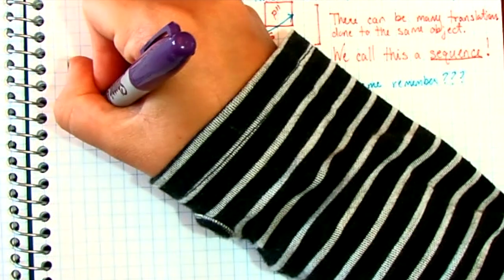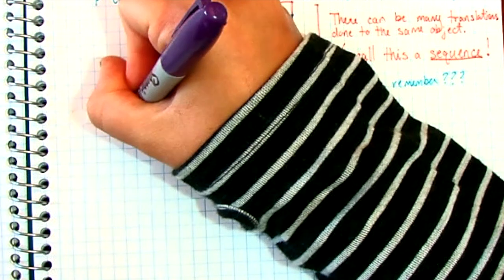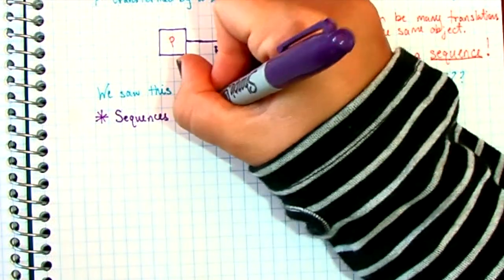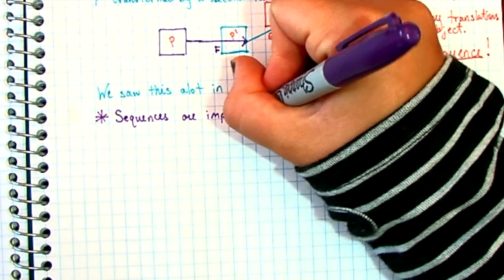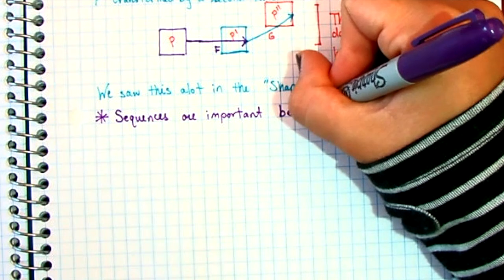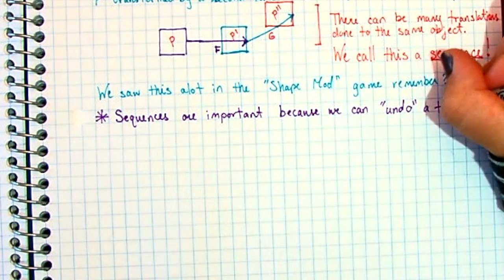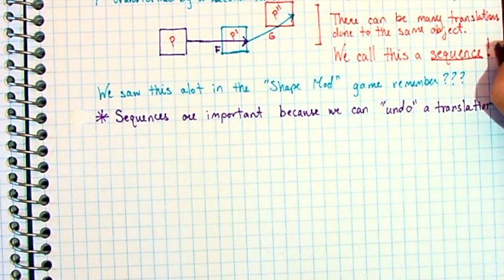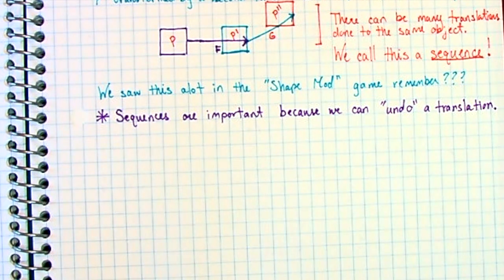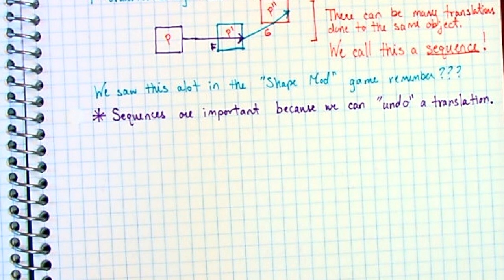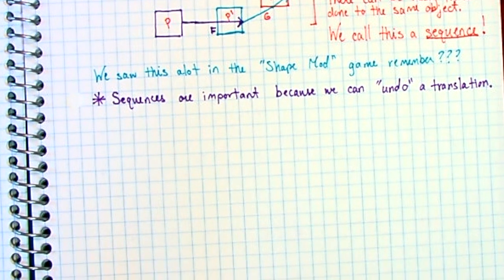So we were pretty familiar with the fact that we can perform a sequence. And sequences are important in transformations because it allows us to undo something that we've already done. We can move a shape from one direction to another and then return it back to its original location. So that's really helpful mathematically, and we'll talk about that a little more over the course of this week.